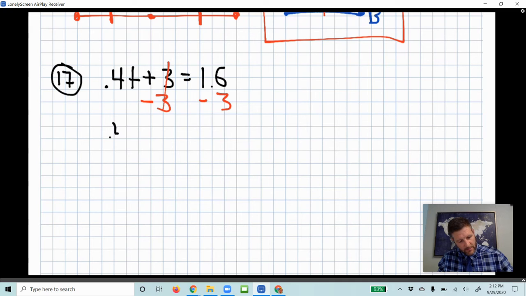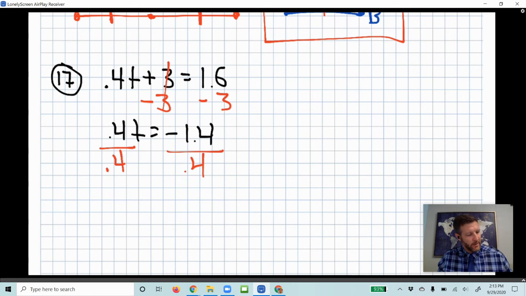So we're going to get 0.4t equals, let's see, that would be negative 1.4. Okay. And then we're going to divide. I usually just solve these before I bother putting any justifications. Divided by 0.4. Okay, I'm going to go ahead and check that. I'm just pulling out my calculator.